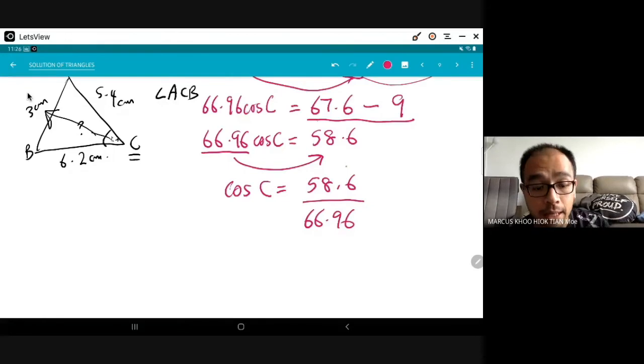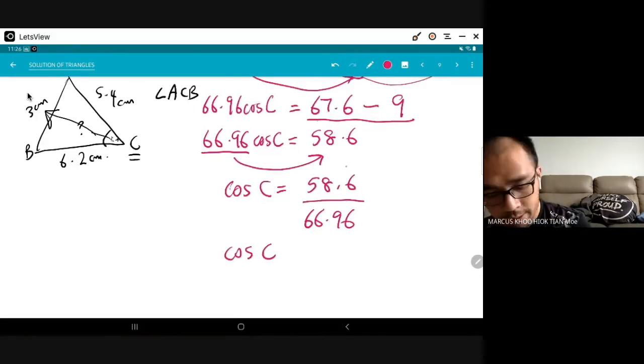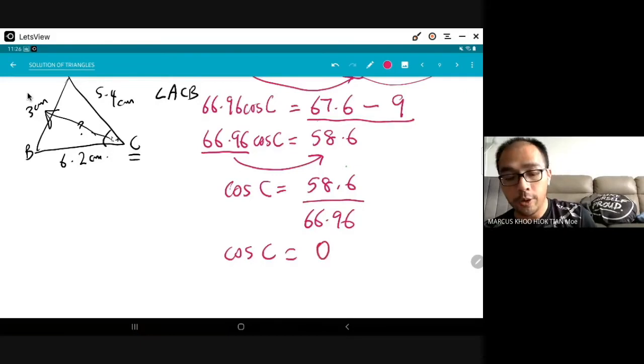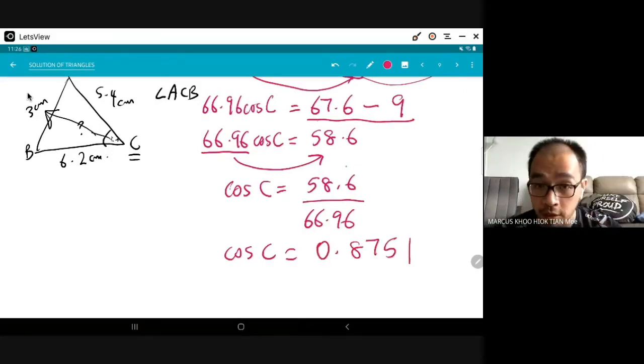Of course divide, because this is times. So you calculate 58.6 divided by 66.96, you will get 0.8751, to 4 decimal places, because it's not the final answer yet.